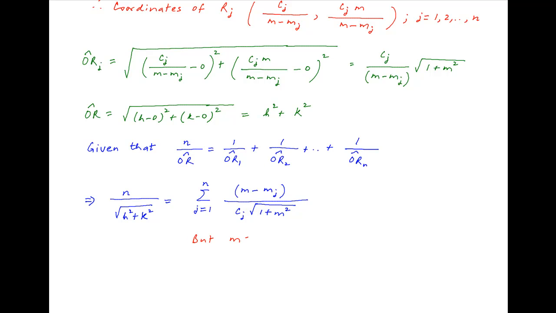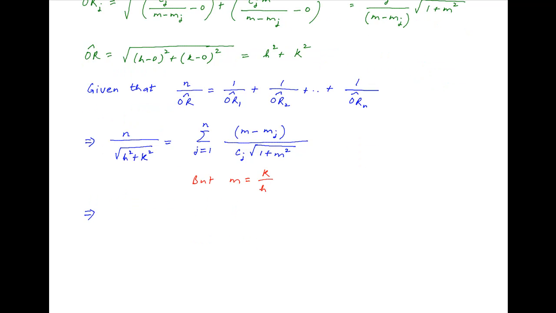Now we have determined earlier that m is equal to k upon h. Therefore, the above equation becomes n upon square root of h square plus k square is equal to summation j going from 1 to n of k upon h minus mj divided by cj times square root of 1 plus k square upon h square.